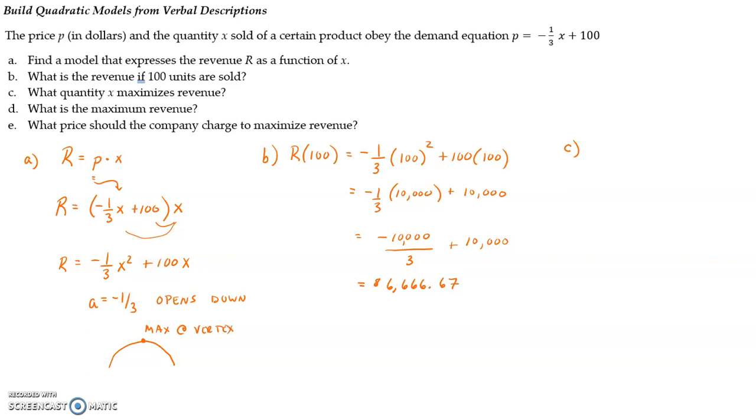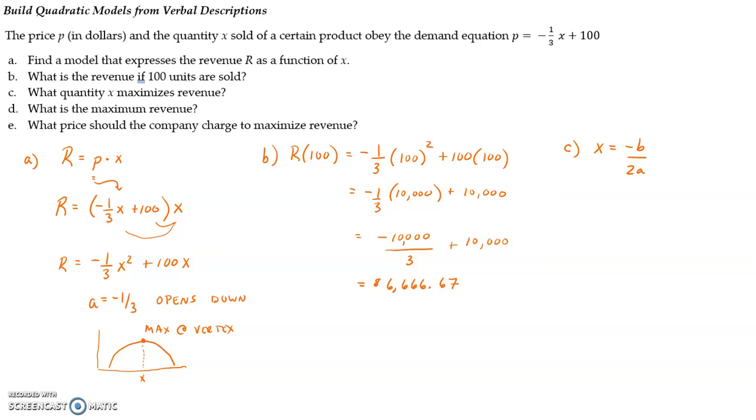And think, if we had plotted this on a graph somewhere, we would want to calculate what that x value is on our graph. So we're going to need the equation for our axis of symmetry, so that we can calculate that x value. So we've got our formula x equals negative b over 2a.